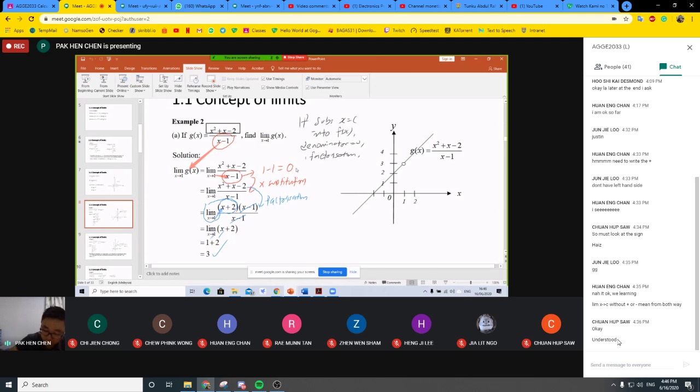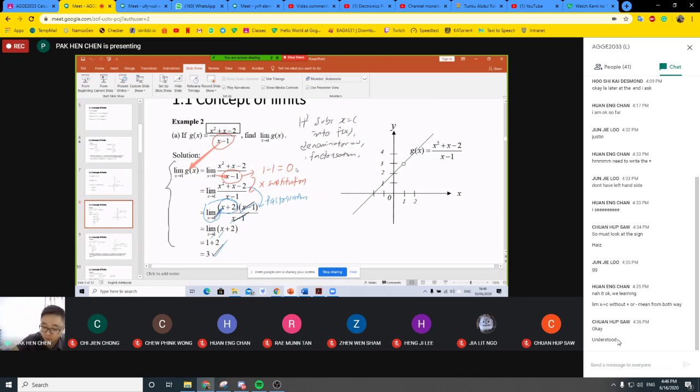Once it is simplified, then only can we substitute x into it to get the corresponding limit value. That will be the workings that we can work out.